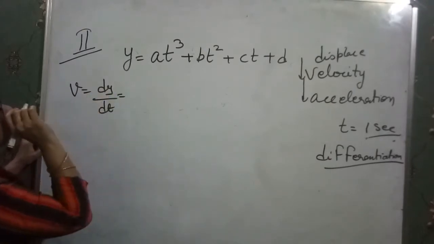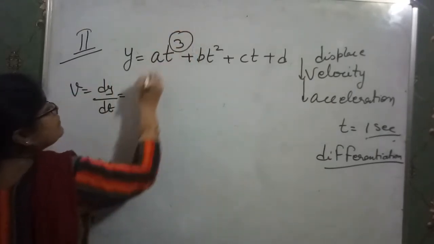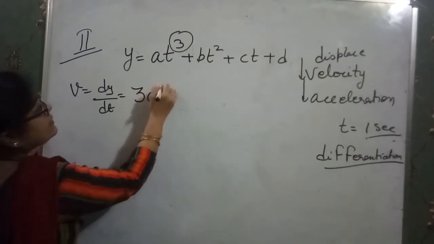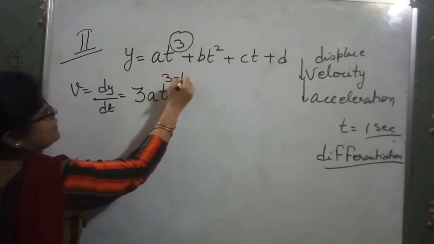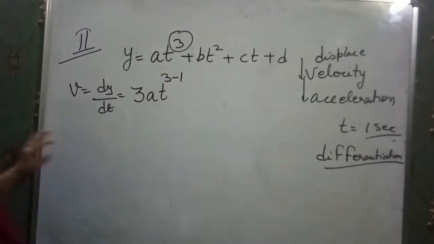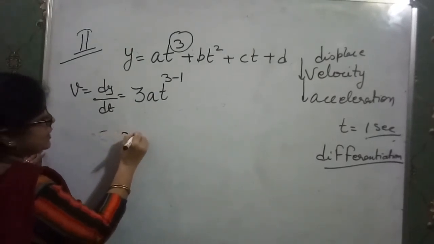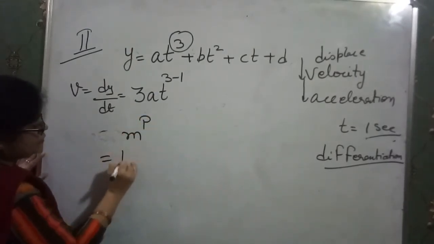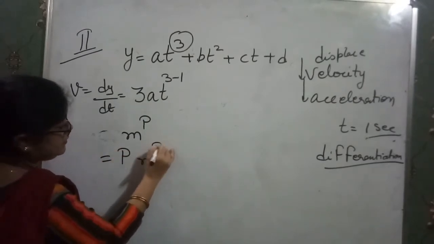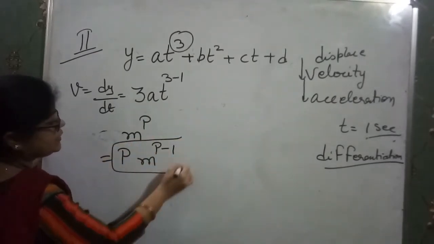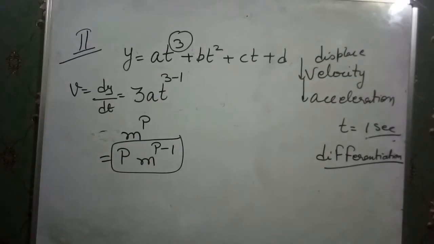Now differentiate. This is the power 3, so we write 3a t to the power 3 minus 1. This is the method. The formula for differentiation is: derivative of m to the power p is p m to the power p minus 1. Clear?